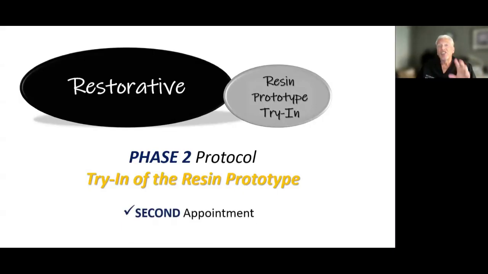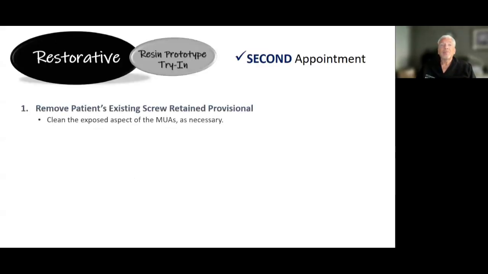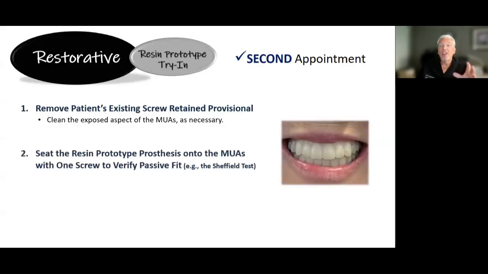But here we are, your second restorative appointment. Now we're going to try in this resin prototype. So remove the patient's existing provisional, and you're going to seat the new one. This is going to be a monolithic printed one-piece, like a PMMA.